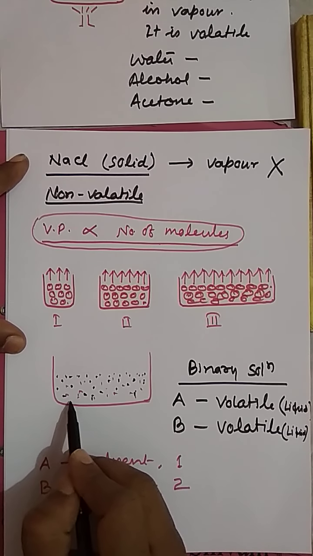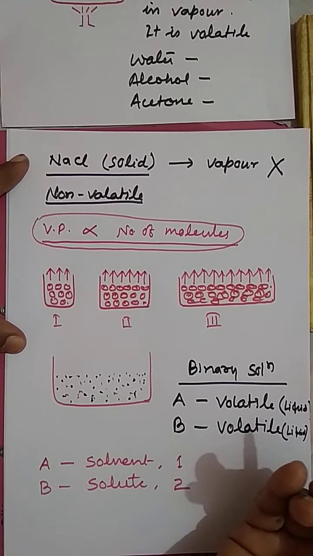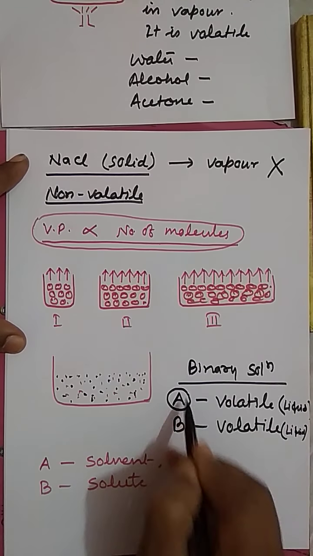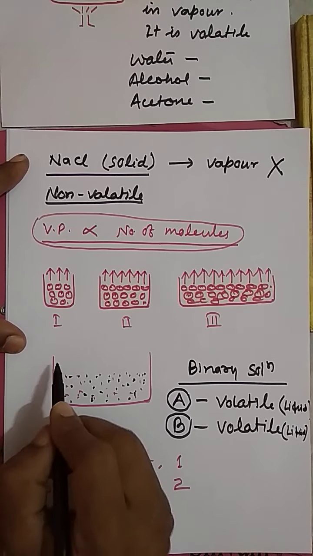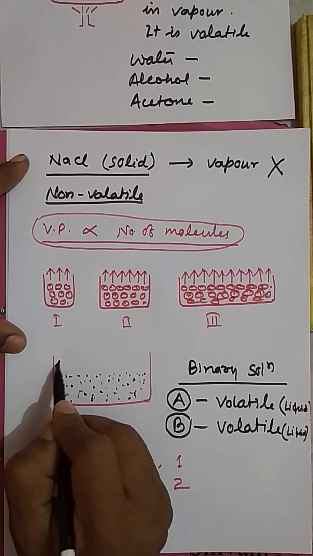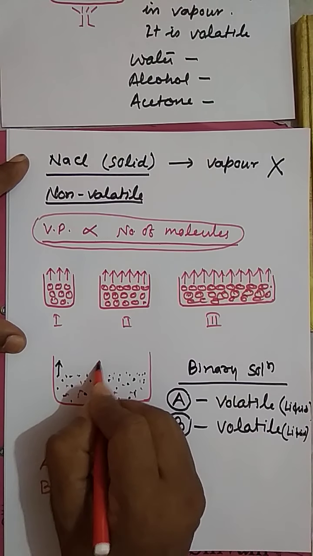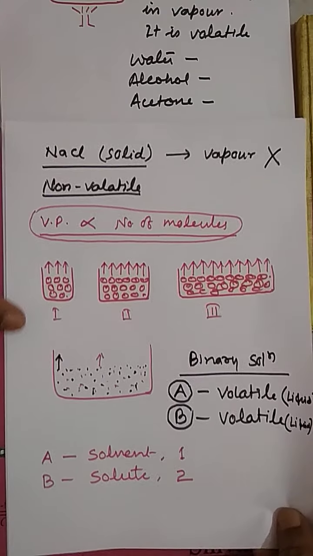Now you observe here, this solution has vapor pressure, and the vapor pressure is due to component A and component B both, right? Vapor pressure by component A, vapor pressure by component B. So how can we express vapor pressure?